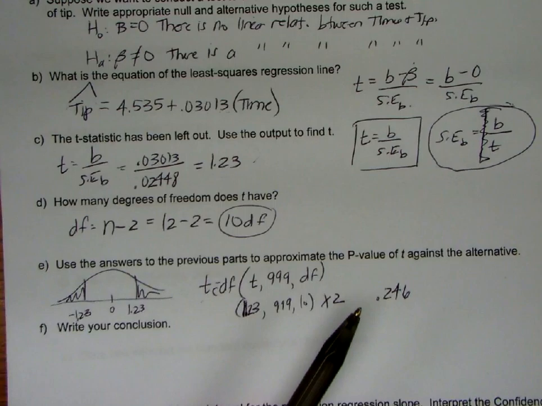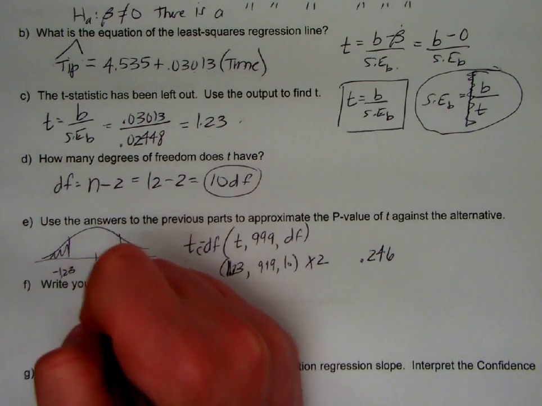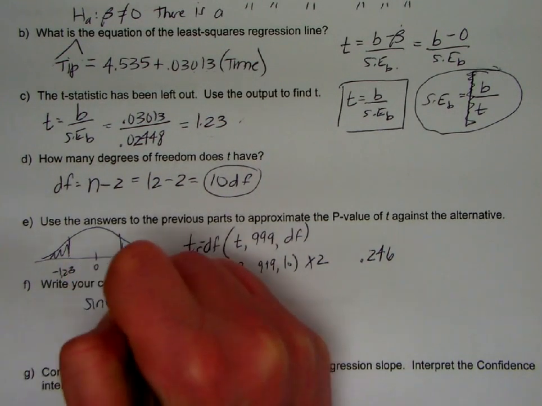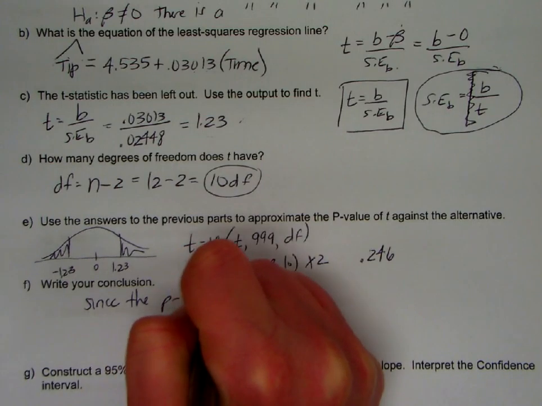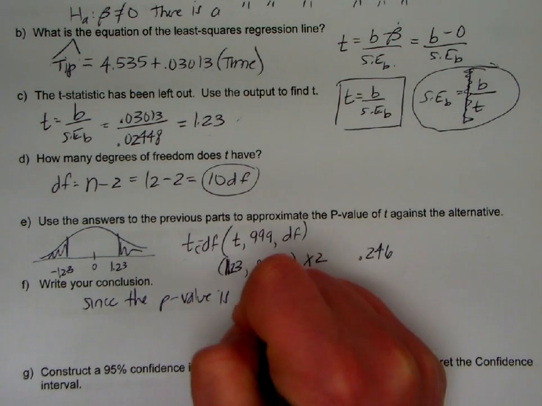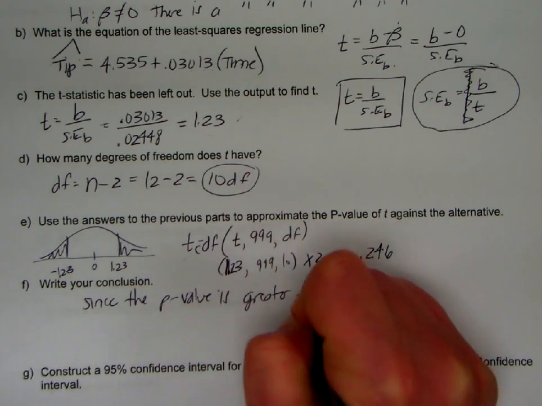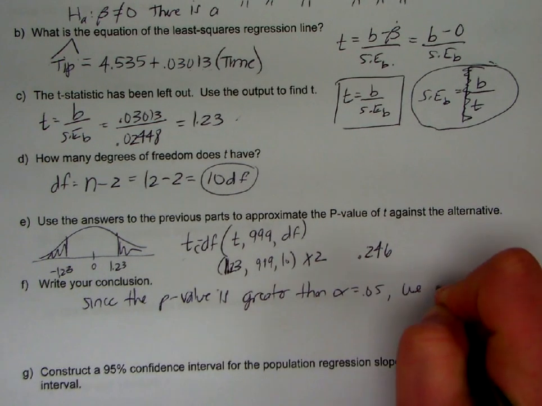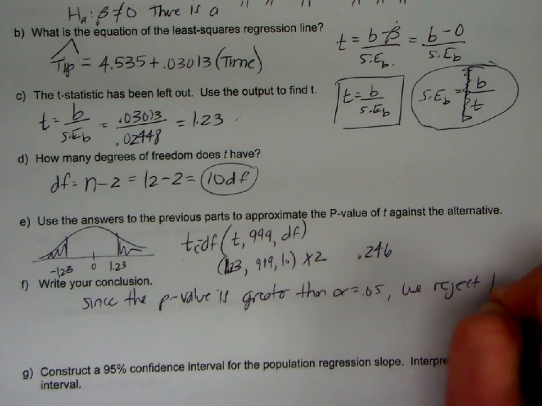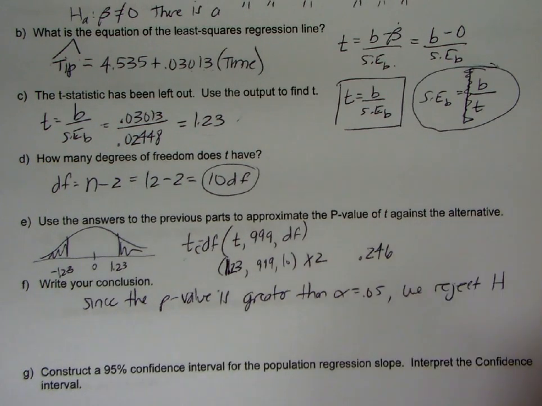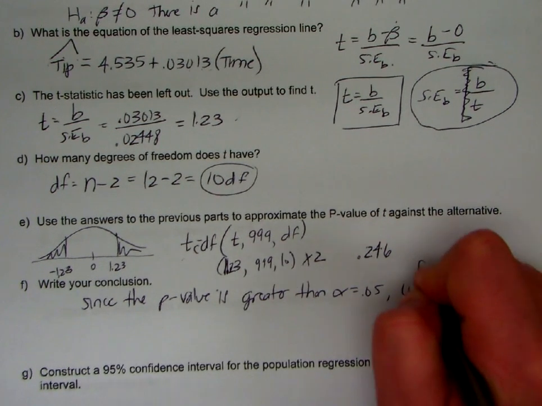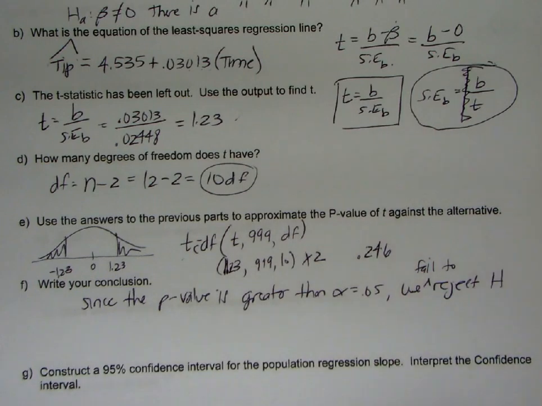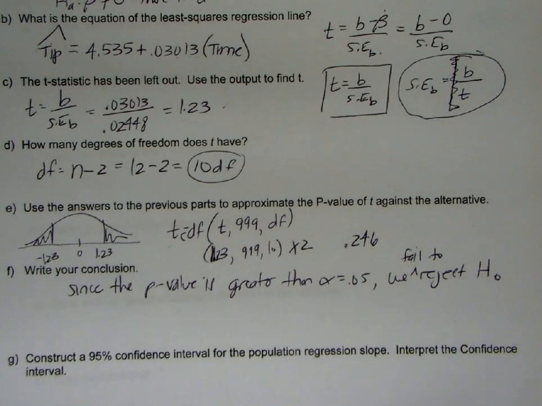Okay, so write our conclusion. Since the p-value is greater than alpha equals 0.05, we reject. No, we don't. We fail to reject H0.